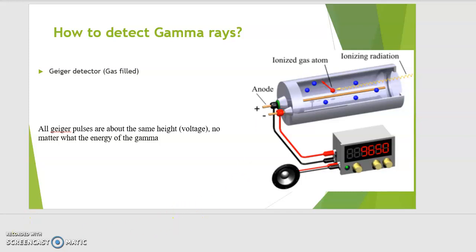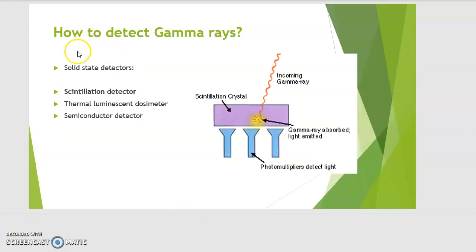So to measure the energy, we use a solid state detector. There are 3 types of solid state detector: scintillation detector, thermoluminescent dosimeter, and semiconductor detector. We will focus on the scintillation detector. A scintillation detector means that when the radiation comes into the detector, light is emitted.